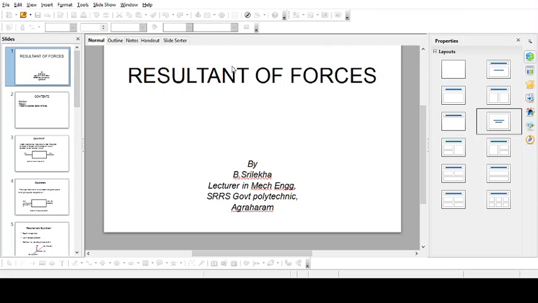Okay, 20 into 1 is 20. Next, F2 cos theta 2. So 25 times cos 40. Next, plus F3 cos theta 3. So you can write plus 10 cos of 90 plus 50, that is 140.